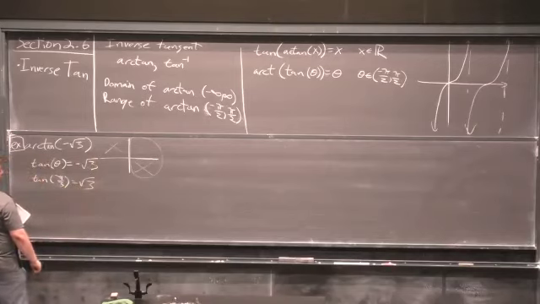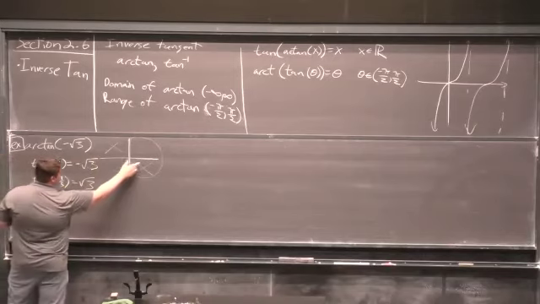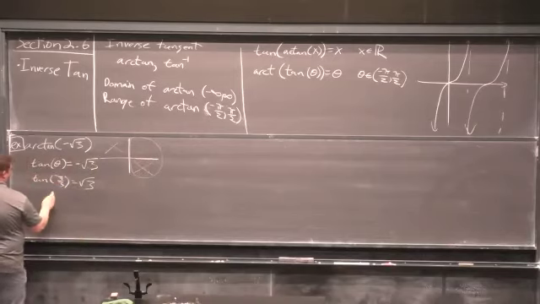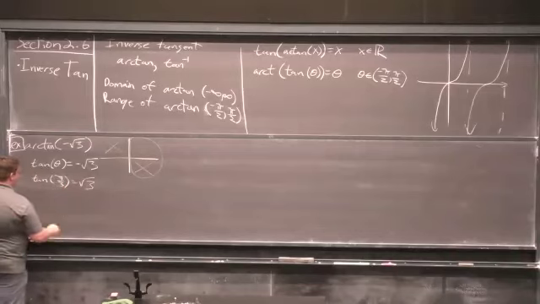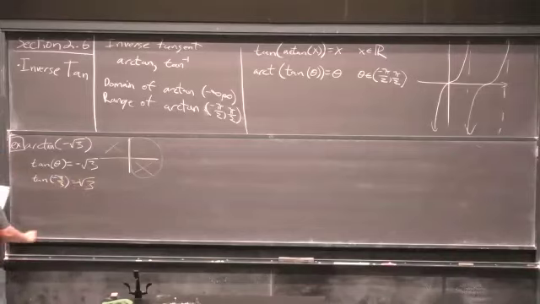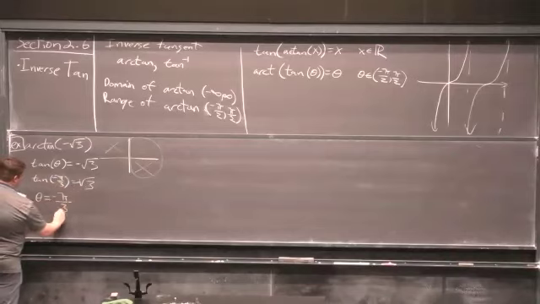And so we can just take the negative version of that, because we know that tangent of a negative theta is equal to negative tangent of that same theta. So we can insert a negative to have a negative output. And there's our answer. Theta must equal negative pi over 3.